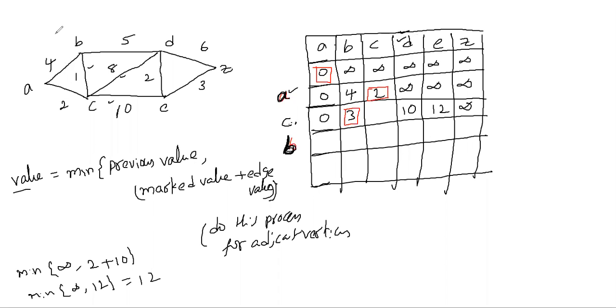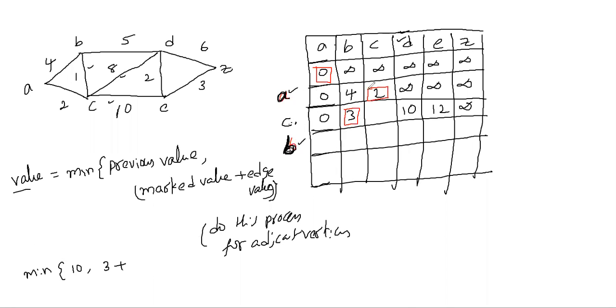So now, remove this. Minimum of what is that D vertex previous value? 10. Next, marked value. How much marked value? 3. Next, edge value. B to D edge value.